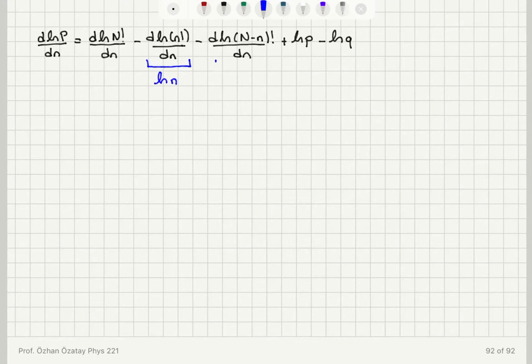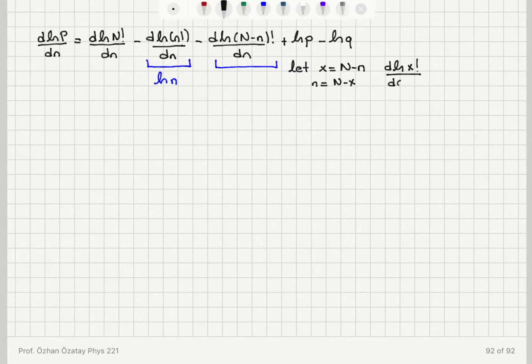For this one, let me think about it for a moment. So let's have x equal to capital N minus n. So the derivative I'm trying to find out is the natural logarithm of x factorial divided by the derivative with respect to n, but n is capital N minus x.